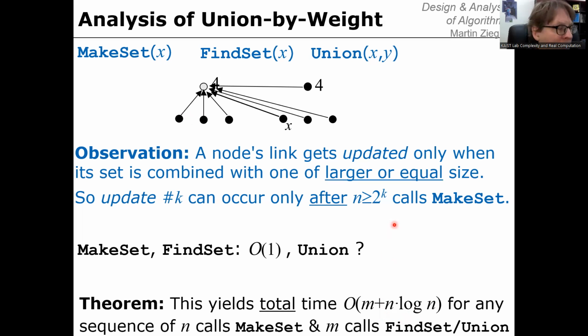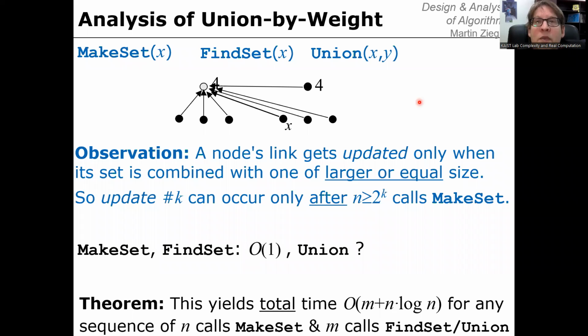So the total cost of such a sequence of union operations can be at most n times log n. That's our analysis of a sequence of calls to the union operation, based on knowing how many calls to make set the user has made, and how many the user must have made for the sequence of union calls to be expensive. So that concludes our analysis of the union by weight heuristic, making it an algorithm with logarithmic amortized cost.